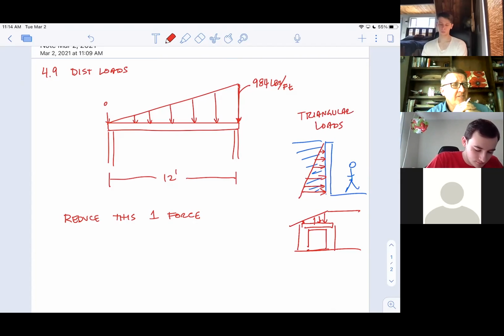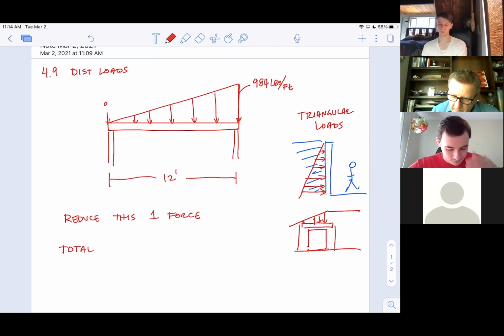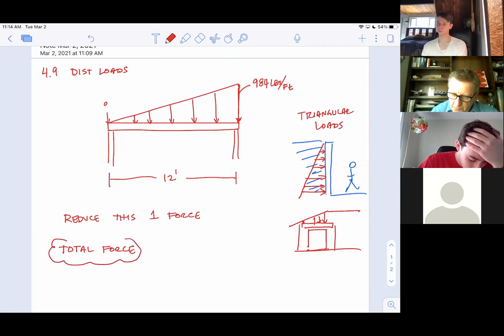Now, fortunately, this isn't terrible because it's a triangle. Really, all I have to do to find the total force is really just kind of take the average.